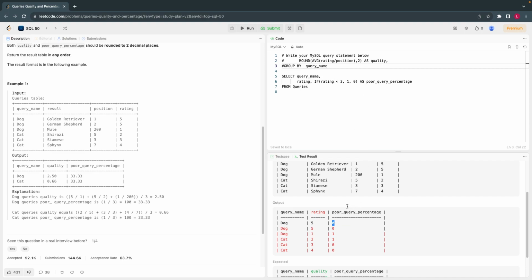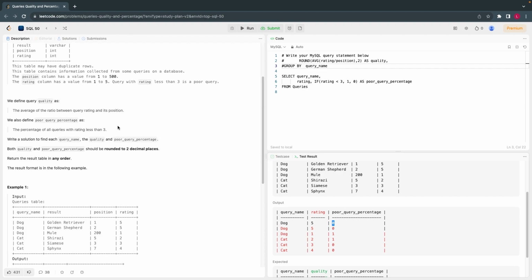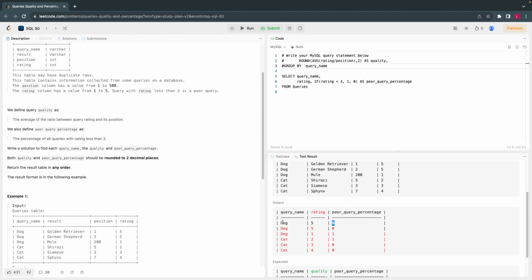I was able to calculate this rating, matching this condition, but for all the records for each query like dog we have to do it, right? That's the reason I have to take a sum, divided by count, because I need the total number of counts, right?